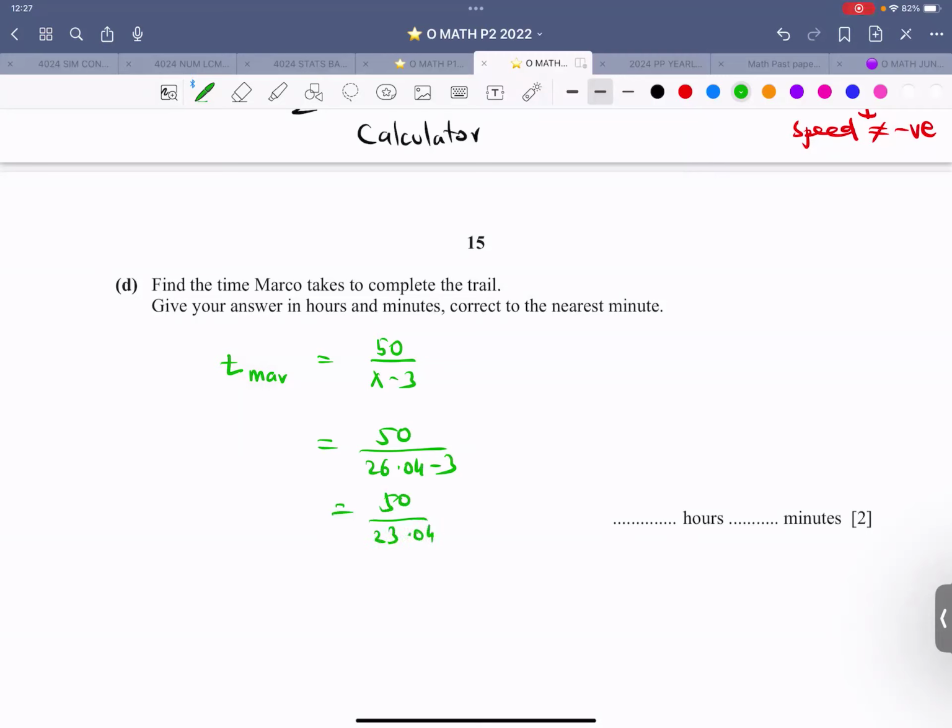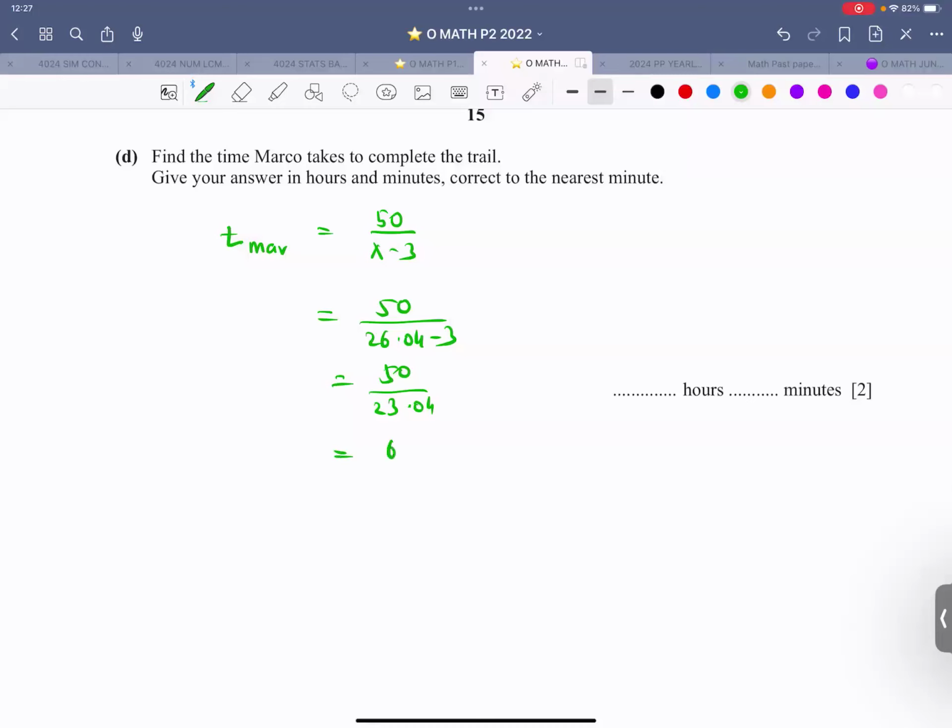Let me first divide 50 by 23.04. After the subtraction of 3, I'm just looking for the button which converts, and it's giving me this fraction, 625 divided by 288.